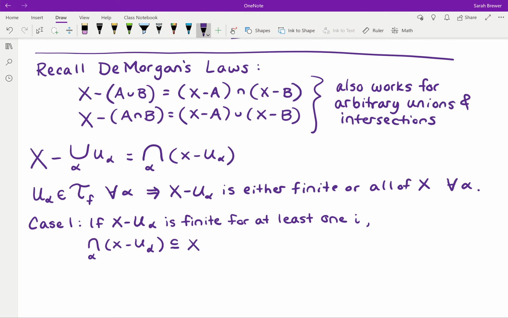And that should be an I, excuse me. So if this is finite for at least one of them, then our arbitrary intersection of all of them has to be a subset of this one in particular. And we know that subsets of finite sets are finite.